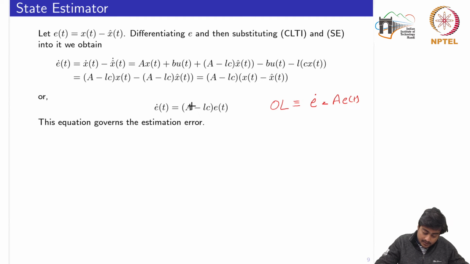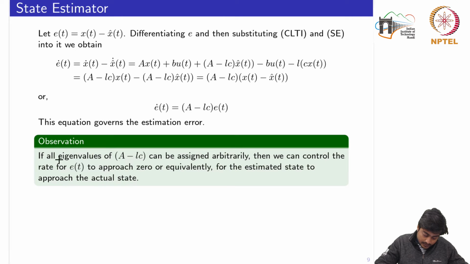In the closed loop estimator, this A matrix is now modified to A minus L times C. It says that if all the eigenvalues of A minus LC can be assigned arbitrarily, then we can control the rate for e of t to approach 0, and equivalently for the estimated state to approach the actual state. We only need to ensure that the eigenvalues of A minus LC are on the left hand side.